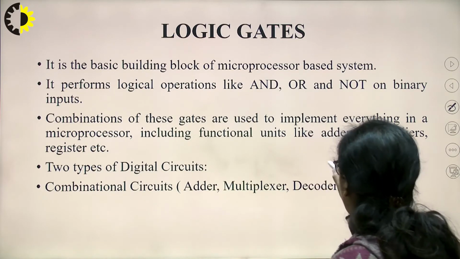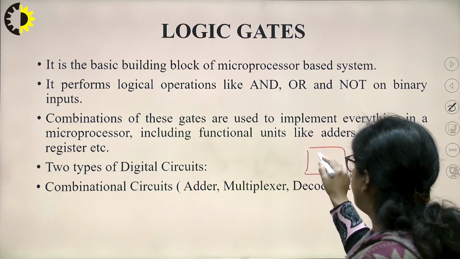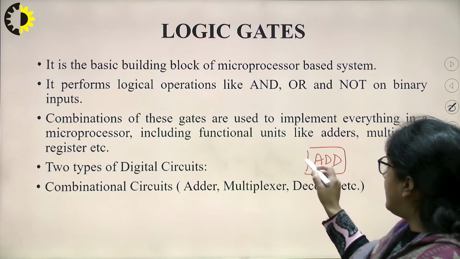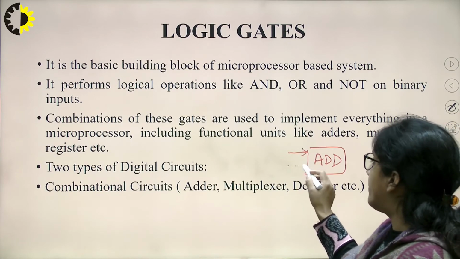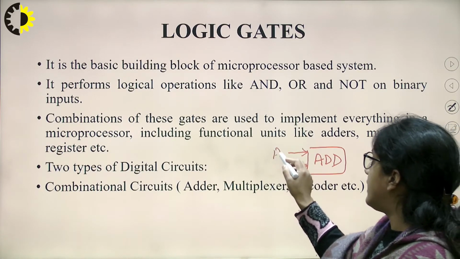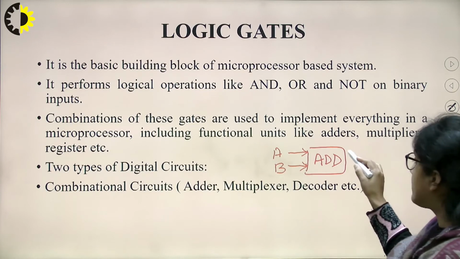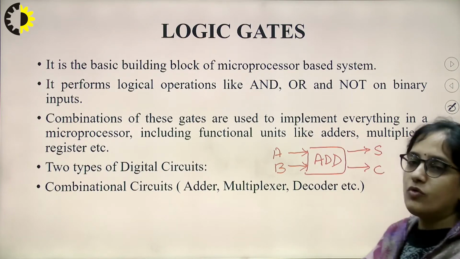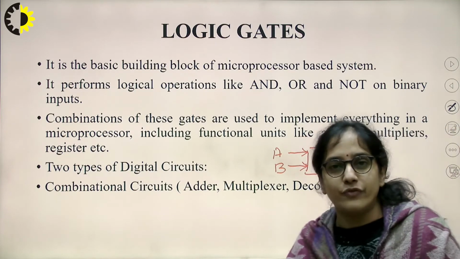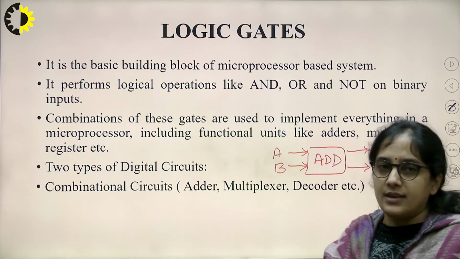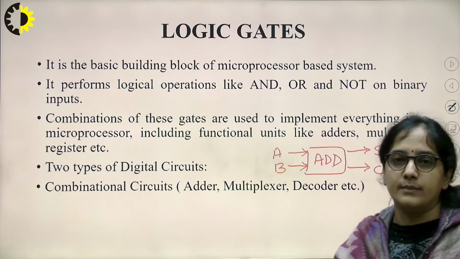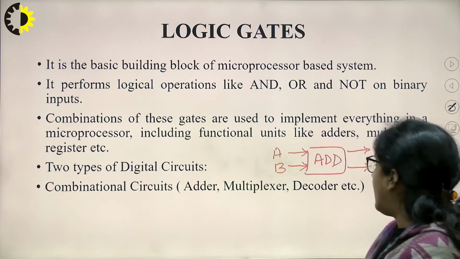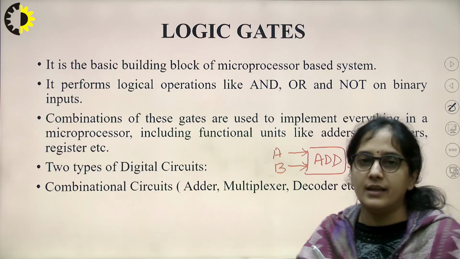For example, consider an adder. An adder needs two data as input, or we can say two operands, let us take A and B, and it gives an output as sum and carry. Right now we don't bother about the length of A and B, just think that there are two input operands, A and B, and the result is in terms of sum and carry.